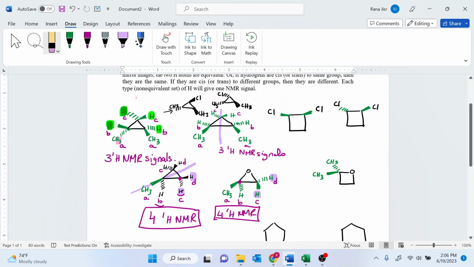For this dichlorocyclobutane, there is a plane of symmetry. So we're going to go ahead and draw a plane of symmetry in there. This means that all the hydrogens on one side are equivalent to the hydrogens on the other side. Okay, so let's go ahead and draw all of these hydrogens and see if the hydrogens are the same.